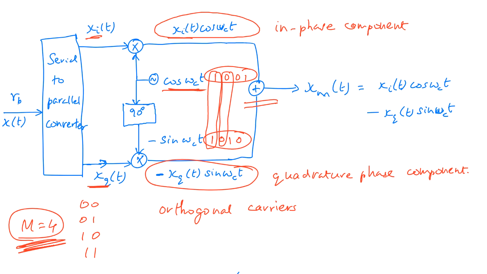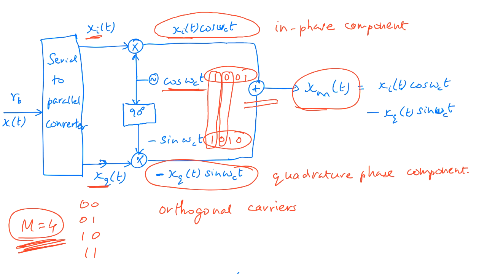But now at any given symbol interval, the two carriers may both be ones, or one is 1 and the other is 0, and vice versa, or both could be zeros. That gives us four different combinations of the amplitude in the sum signal xm(t), the modulated signal.